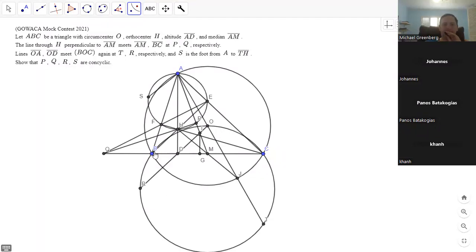I guess another way to think about it is DRO is the angle bisector of BRC, so then we have similar triangles, but yeah, it's the same. That's the same place. Okay.